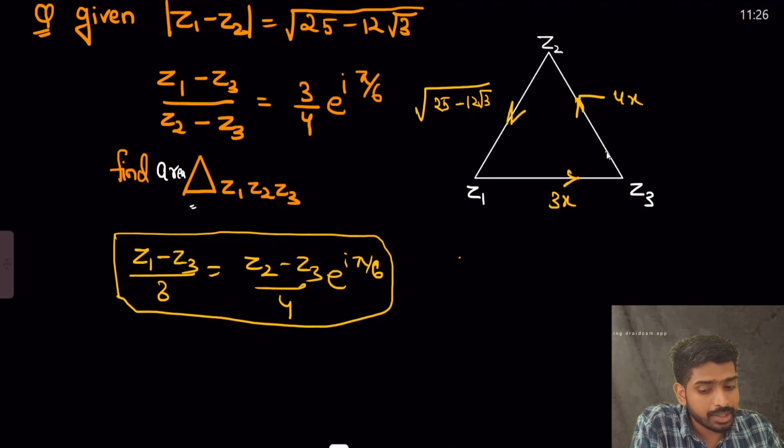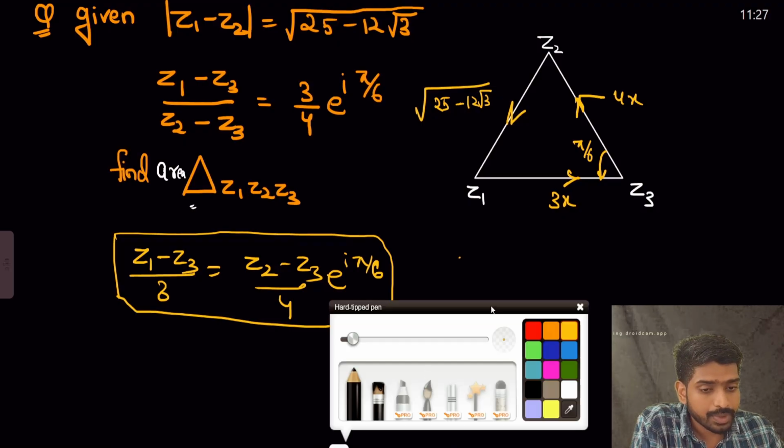That means the angle here is pi by 6. We know this side length is 3x, this side length is 4x, this side length is root of 25 minus 12 root 3, and this angle is 30 degrees.